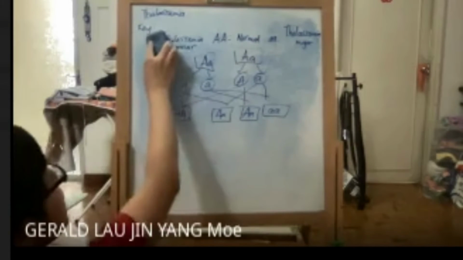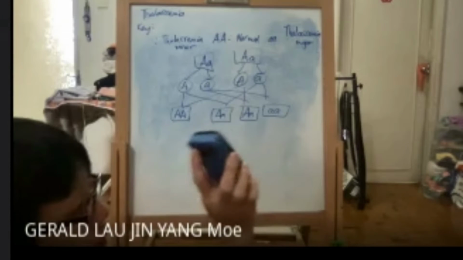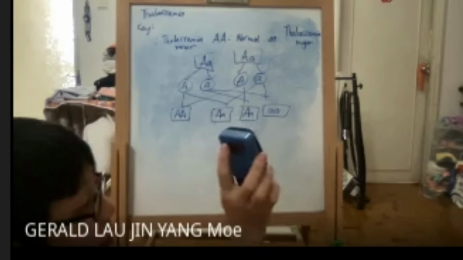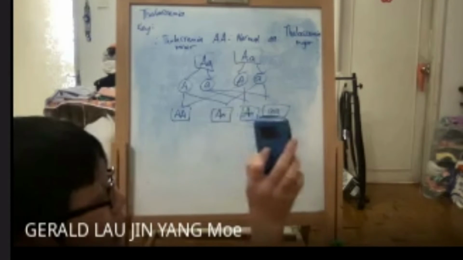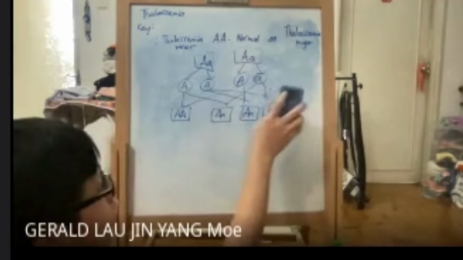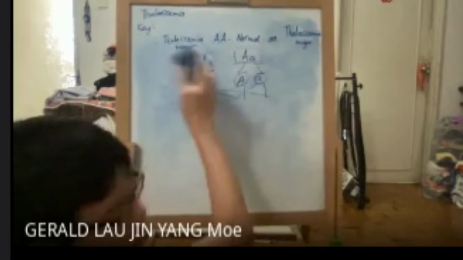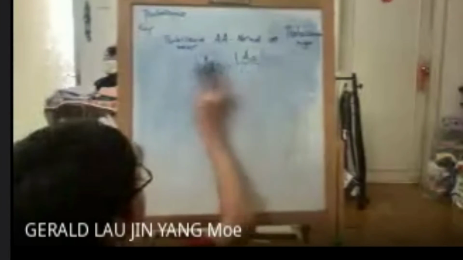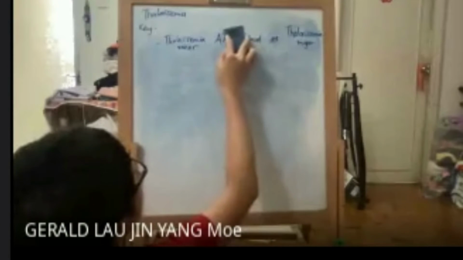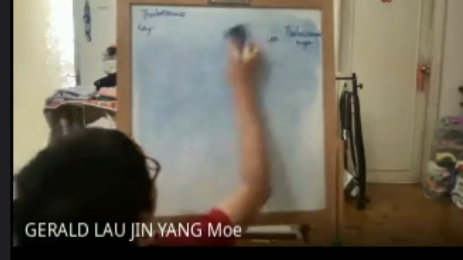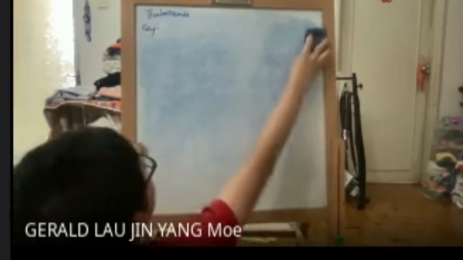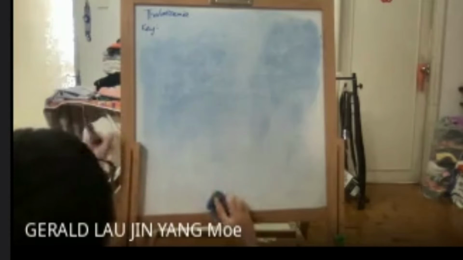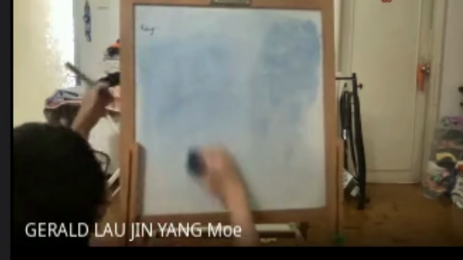Okay, because you see, this is already a sex-linked inheritance disease, so you must write XY as the base first, X and Y. You cannot use AA or this. This thalassemia is autosomal only. Okay. Color blindness.